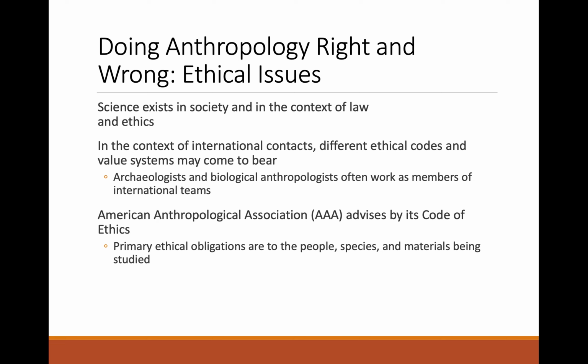So you've got to know the differences in legal codes between different sites. In international contexts, there are going to be different ethical codes and value systems. And we've got to recognize that a lot of the work that anthropologists do, whether archaeologists or biological anthropologists, is in the context of members of international teams.